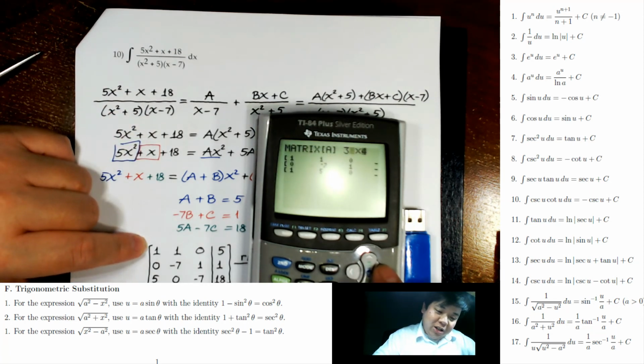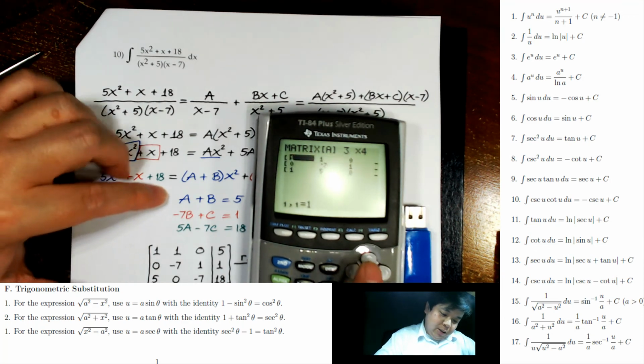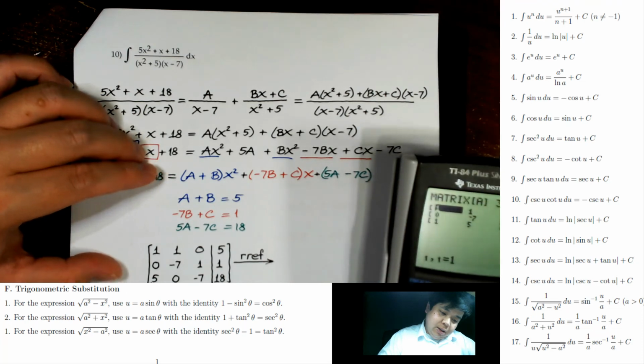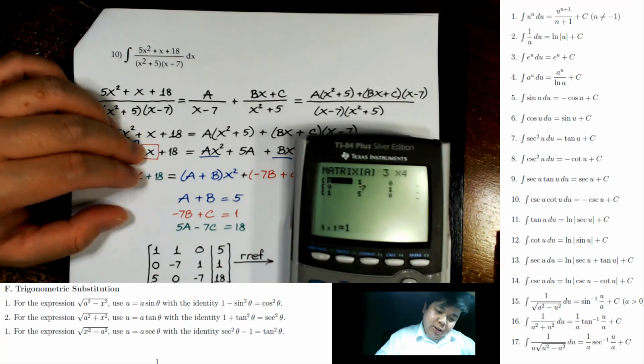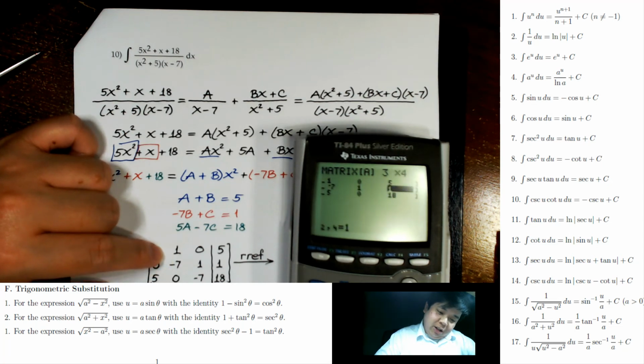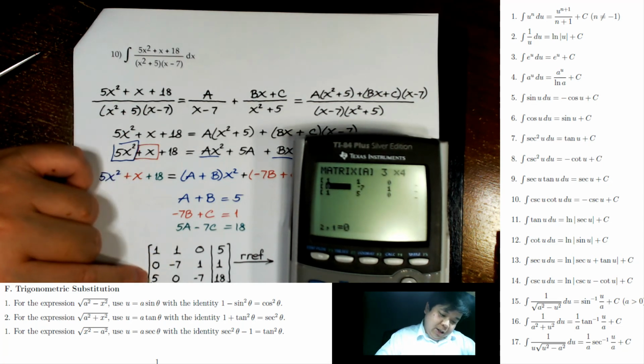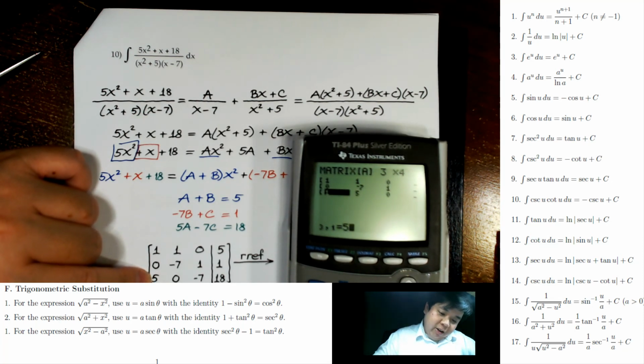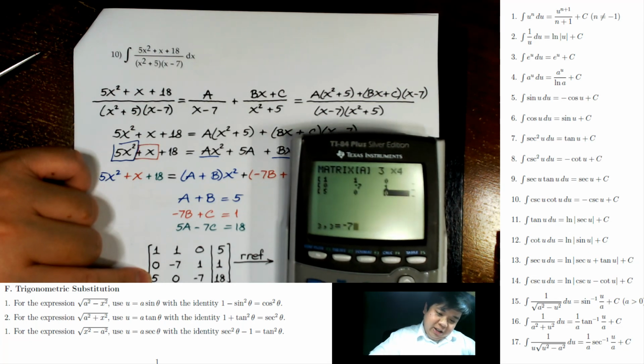So 1 1 0 5, 0 negative 7 1 1, 5 0 negative 7 and 18.